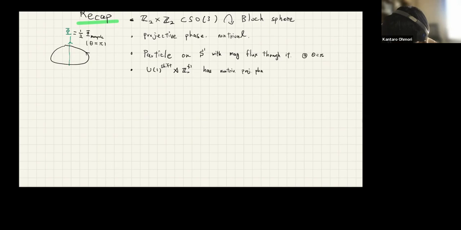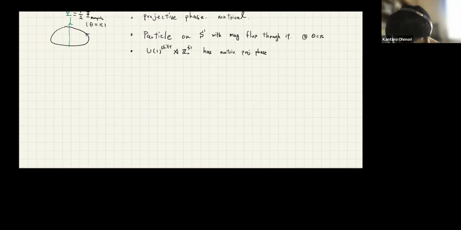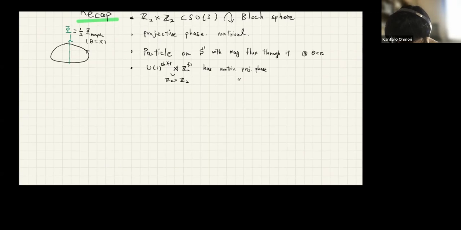Also the Z2 times Z2 subgroup has a non-trivial projective phase. This is U(1) shift, just the rotation, and the flip is a mirror symmetry.